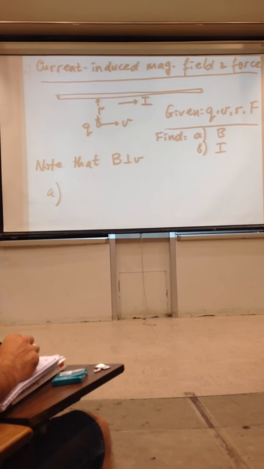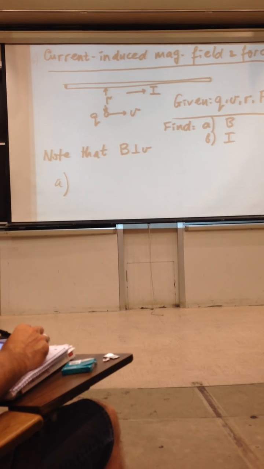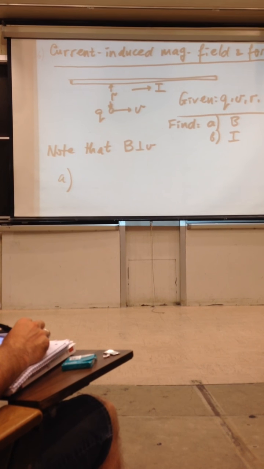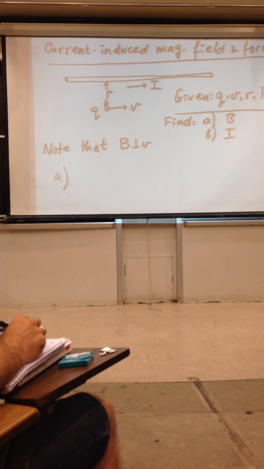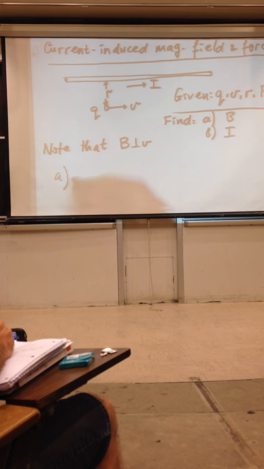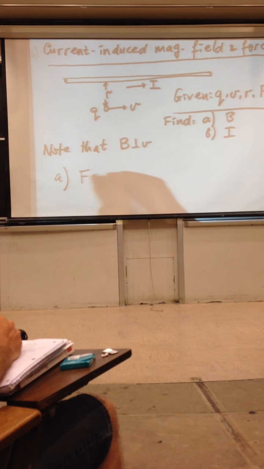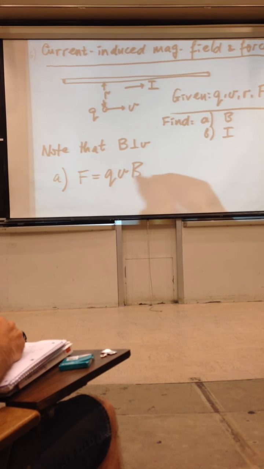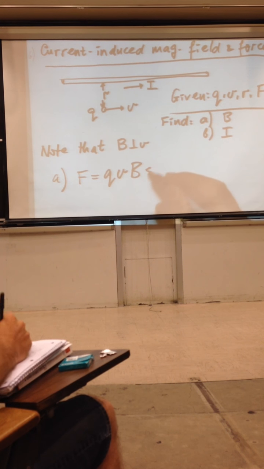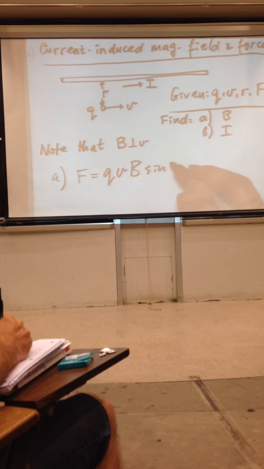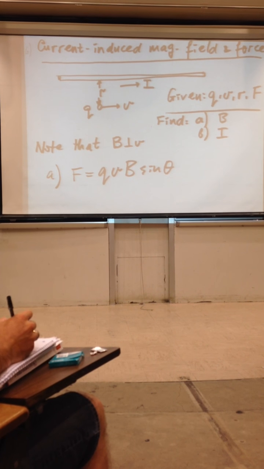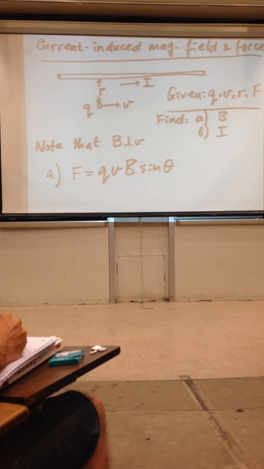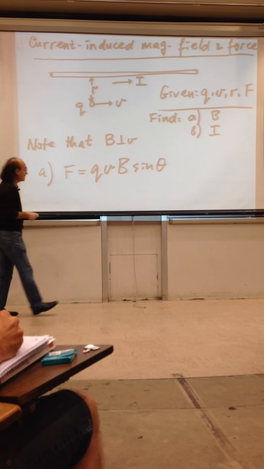So, you know the force, so basically you can use the formula for magnetic force acting on a moving charge: the charge times velocity times magnetic field times sine of the angle between velocity and magnetic field. So let's try to find what this angle would be.